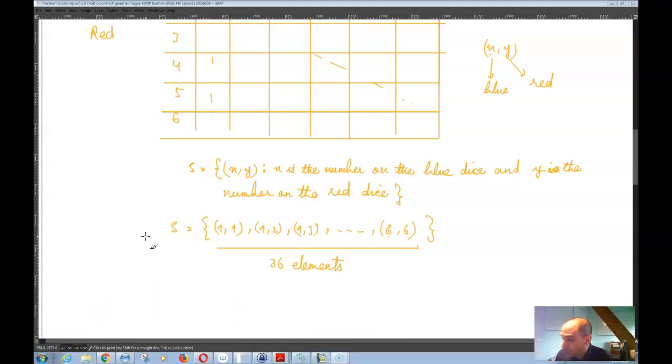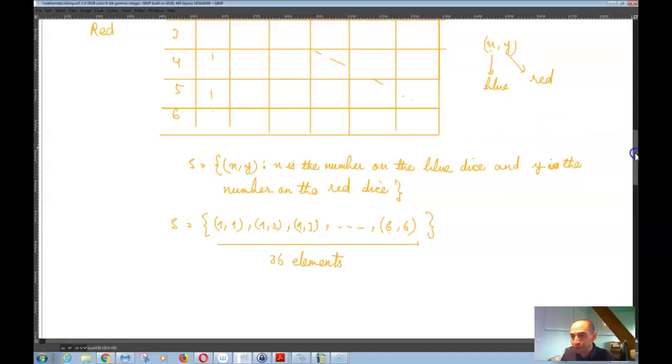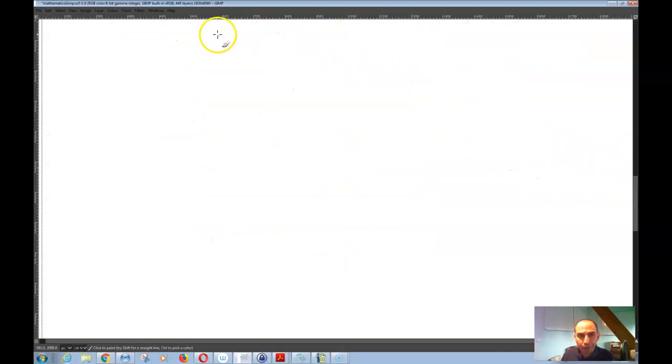Okay, so the next question that we have is: in each of the following experiments, specify an appropriate sample space. For example, a boy has a 1 rupee coin, a 2 rupee coin, and a 5 rupee coin in his pocket. So you have basically 3 different coins in your pocket. He takes out 2 coins out of his pocket, one after the other.